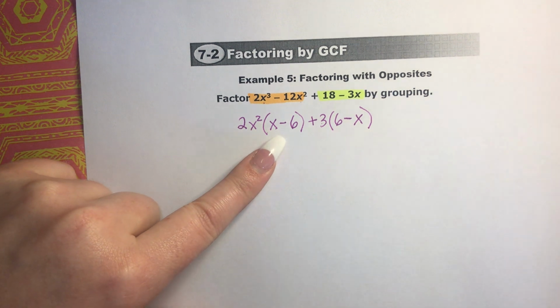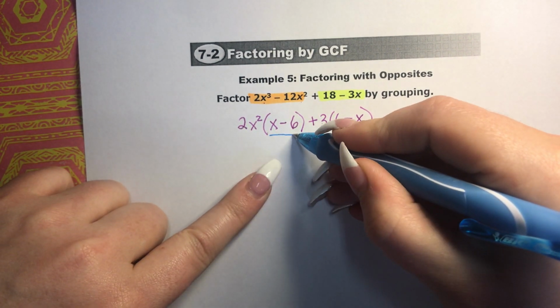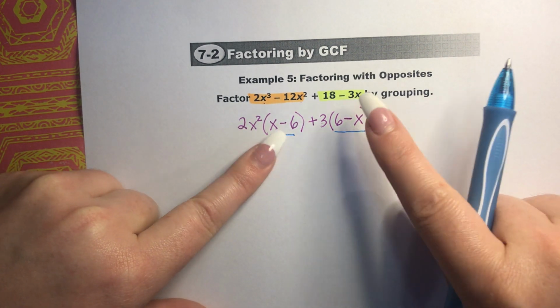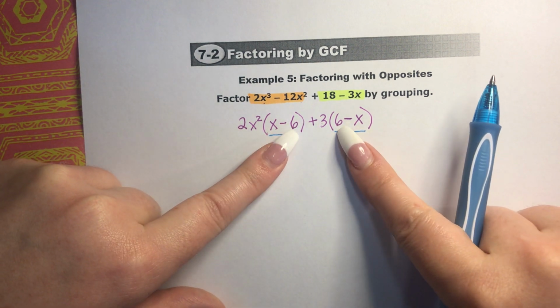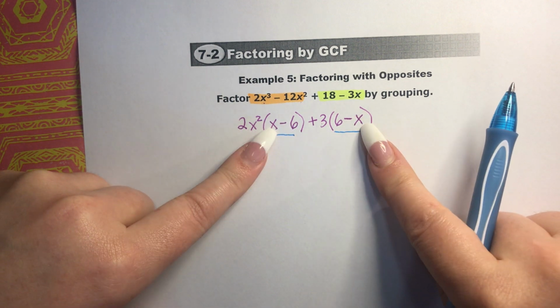If you look here, these are super close, but you can tell that they're opposites. X and 6 and 6 are the same number, but x is positive here and it's negative here, and 6 is negative here and it's positive here. So these are opposites, and we're going to use our -1 trick.